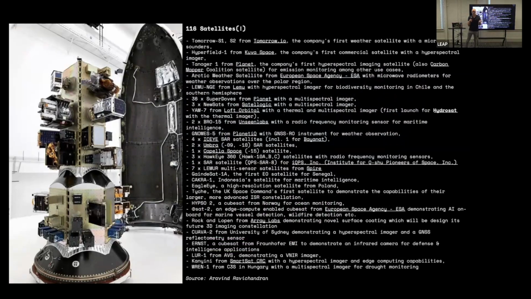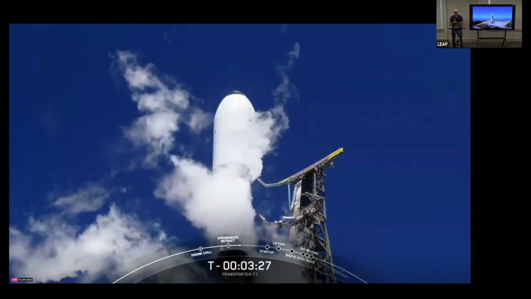I don't know how many people do remote sensing here. Everybody kind of knows MODIS and Landsat and VIIRS and Sentinel, but when we launched our first satellite on a SpaceX rocket, there were over 100 other satellites on that from the commercial space industry across radar and hyperspectral and microwave and so on. And so the space industry is absolutely booming.